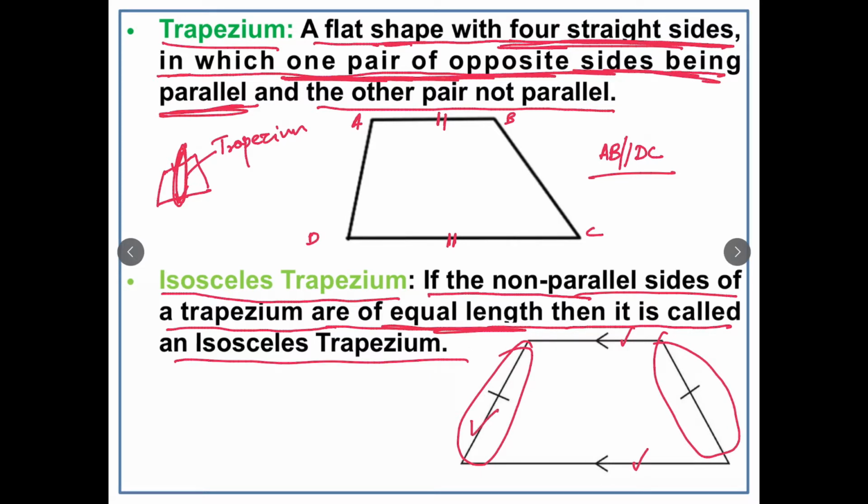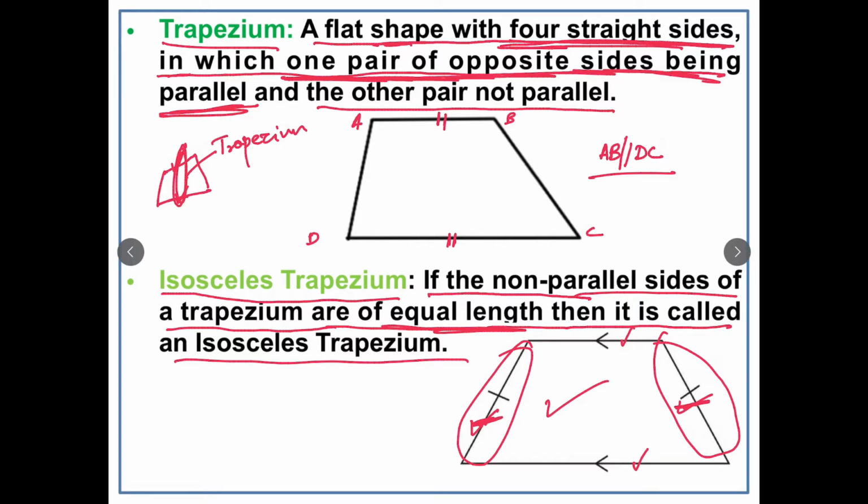If their measurements are equal, then that trapezium is called an isosceles trapezium. I hope it's clear to you.